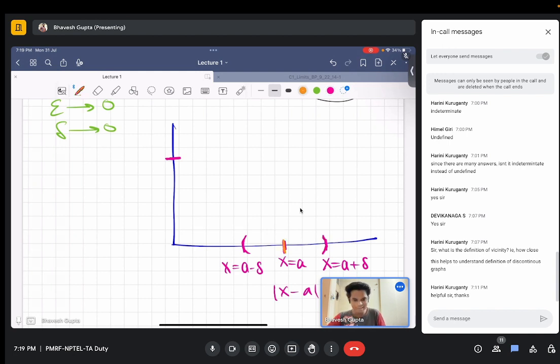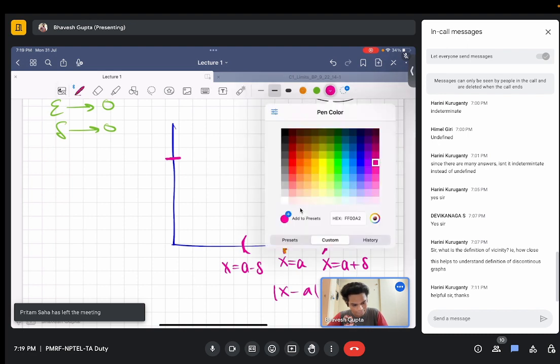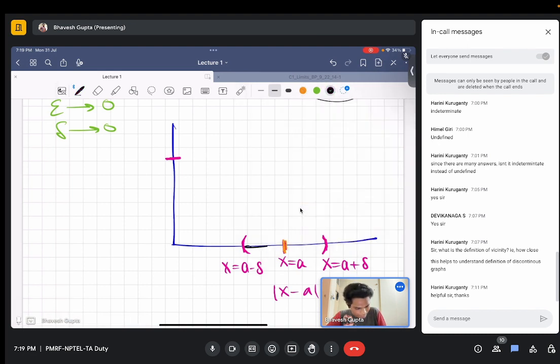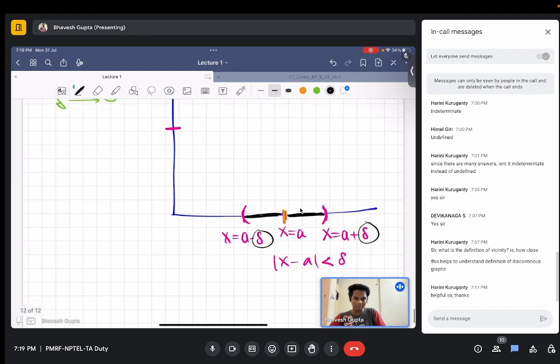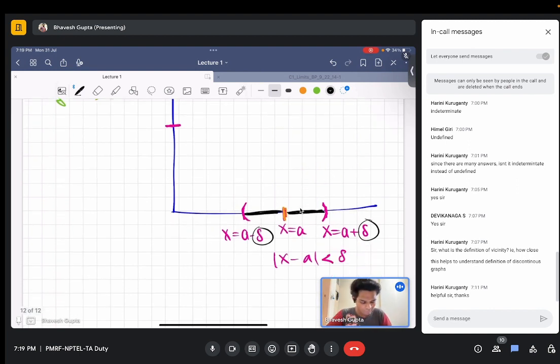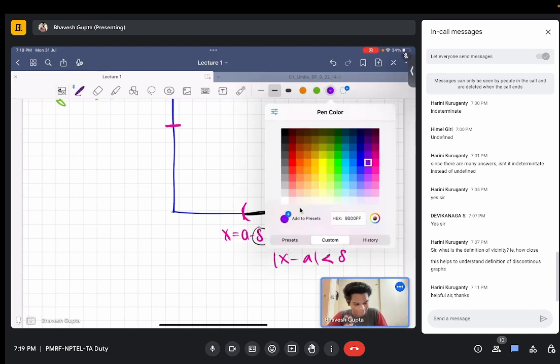I am interested in this point, but I don't know the value at that point. If I knew it, why would I need this limit idea? So I create a neighborhood here, by using this delta, and this is how I write it mathematically. I hope everybody can see now.